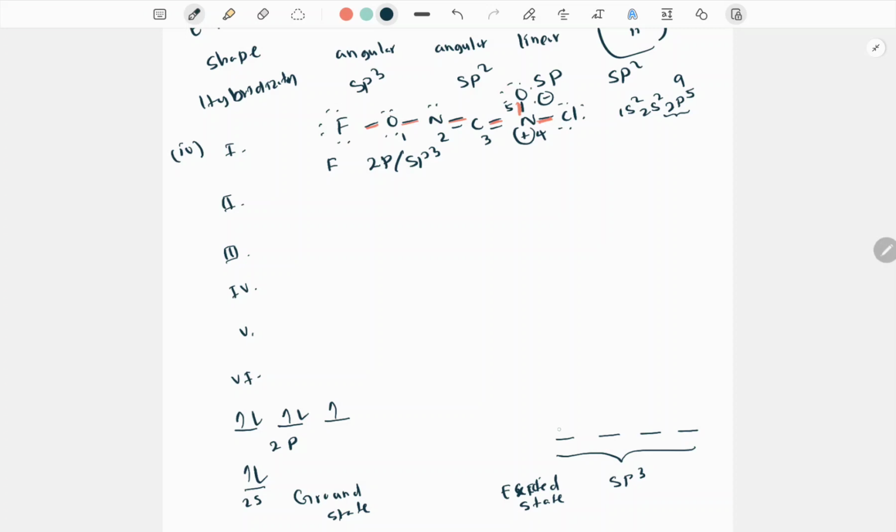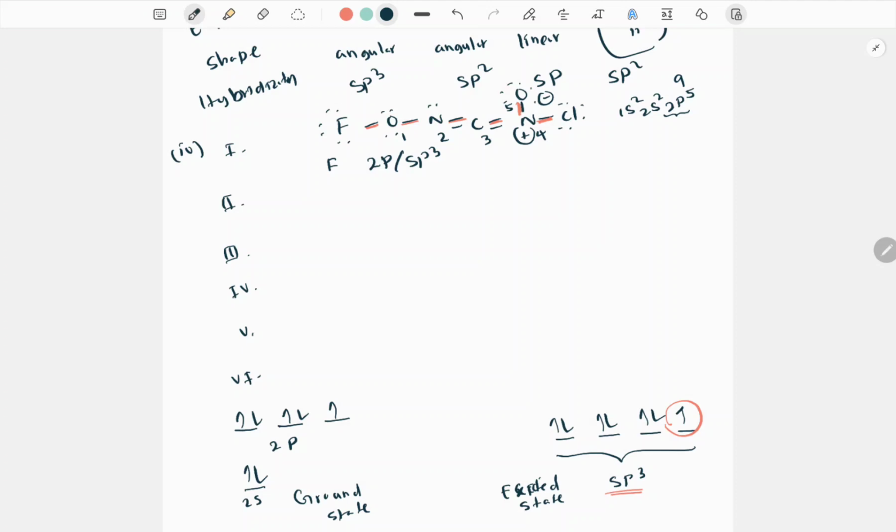In this one, 2, 4, 6 and 7 is yours. The one involved in this sigma bond will be this unpaired electron. That's the reason why we say the orbital involved is sp3 hybridized one. Sometimes it is, but the more correct one I would say is sp3, but the 2p answer is also correct.